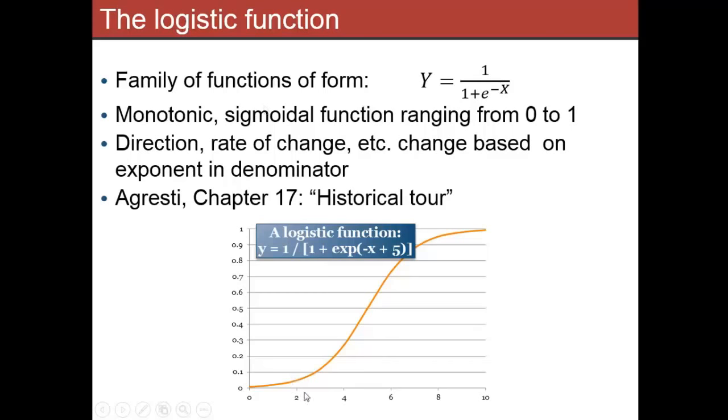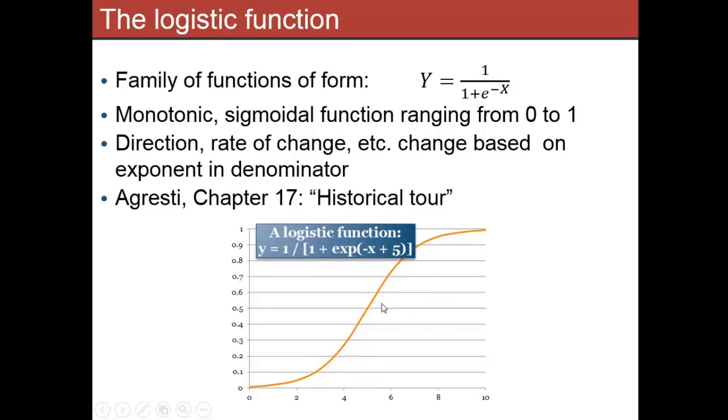It's sigmoidal, an S shape, and it's bounded by 0 and 1. The way you get different versions of it is by varying what goes in this x here. So if you do x plus 5, you're going to get this thing, and it crosses 0.5 at 5, or it should.